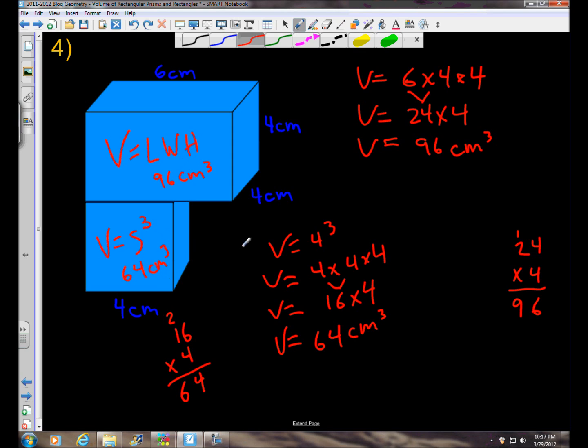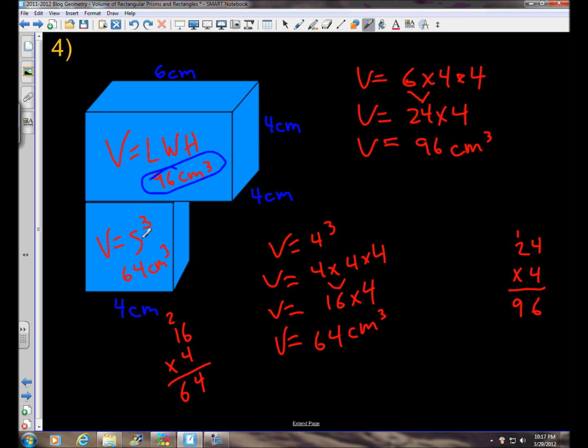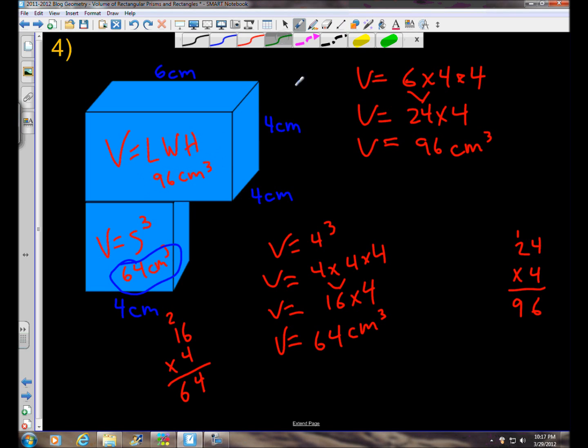And now we can add those two up. So we've got the 96 right there, and we have the 64 centimeters cubed. We've got to add those two together. Let's do that now. We use a different color ink, and we'll just use the space we have over here to show our work. So we have 96 plus 64. Add those together. 6 plus 4 is 10.